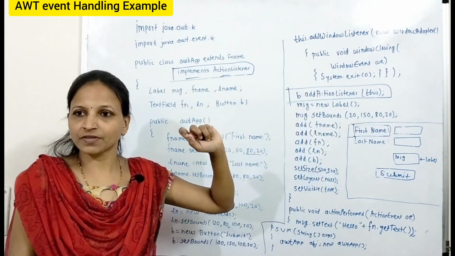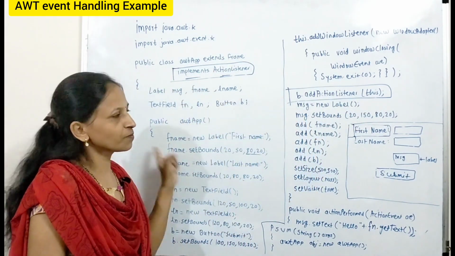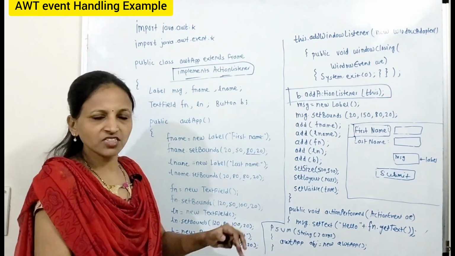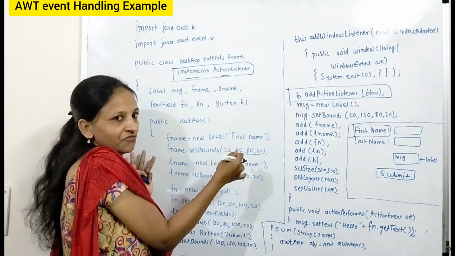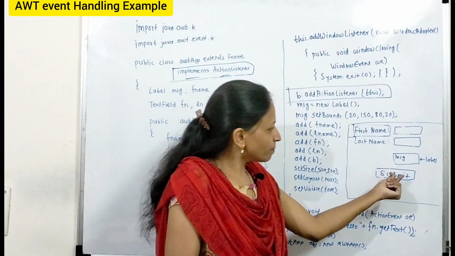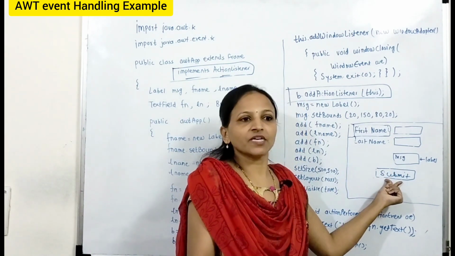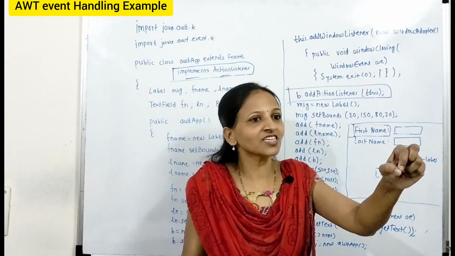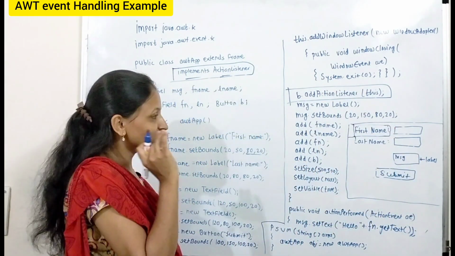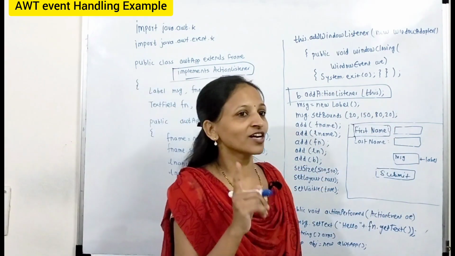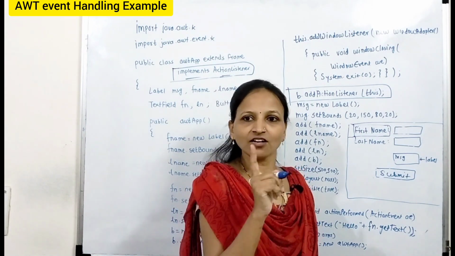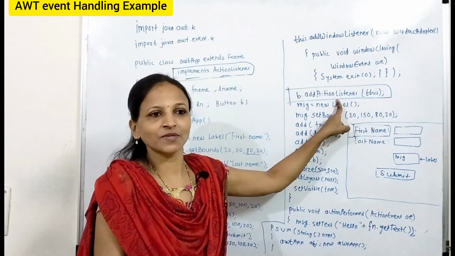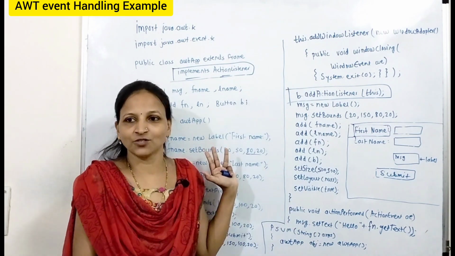What is this? It is nothing but the object of this frame. It will just consider itself. Here B is the name of that button object. B dot add action listener. After add action listener, only then will that listener consider that object for listening to the event. It is always compulsory. This statement is very important, then only it will get executed.